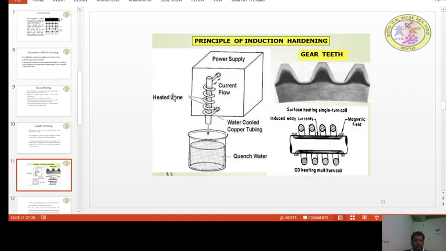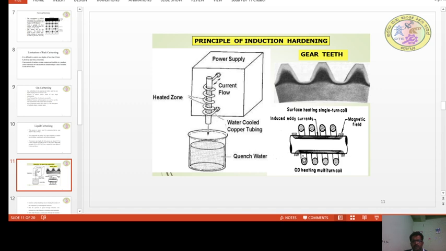And next we will move on to another type of surface heat treatment called induction hardening treatment. Look at here. This is the shaft to be heated, this is the water for quenching, and these are the copper wires from an AC source. This is the arrangement.